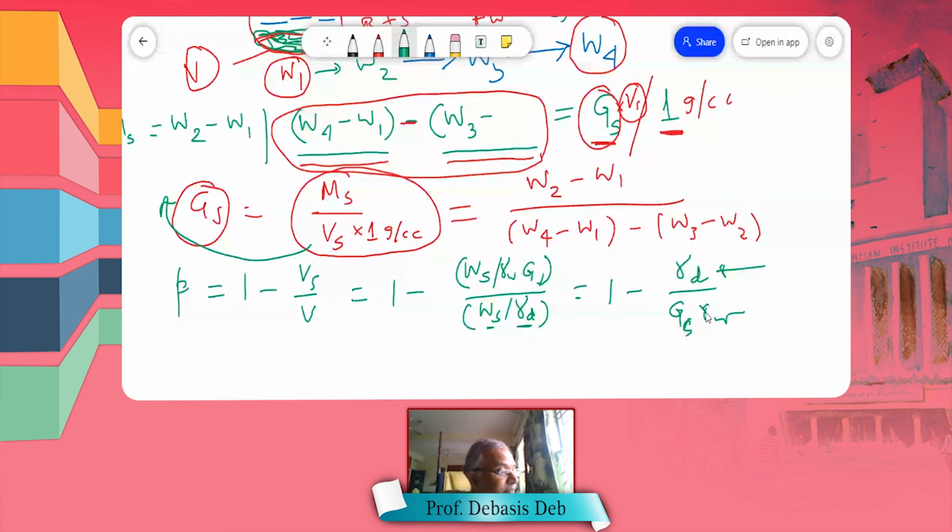Like for sand, this will be about 2.65, this GS. If I give dolomite, it is 2.8.